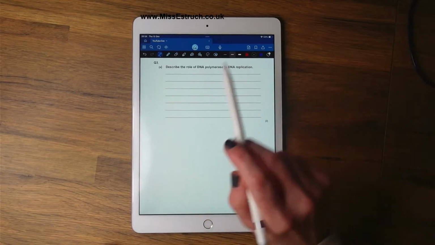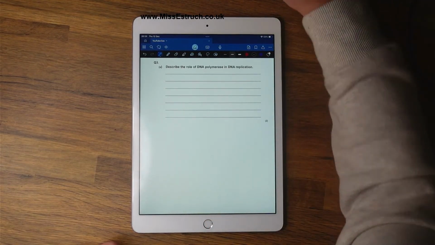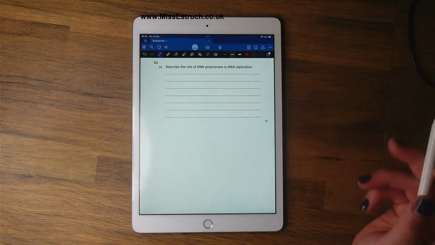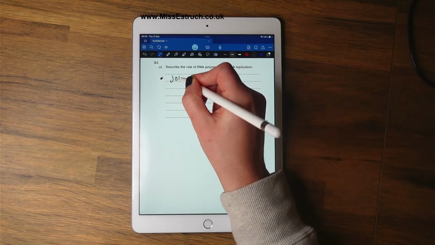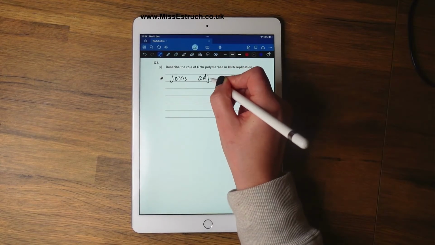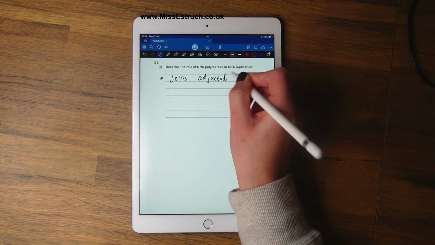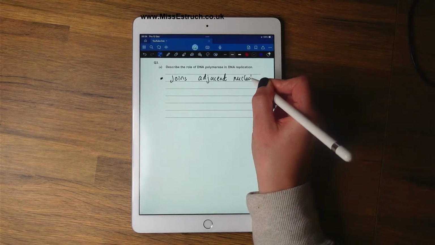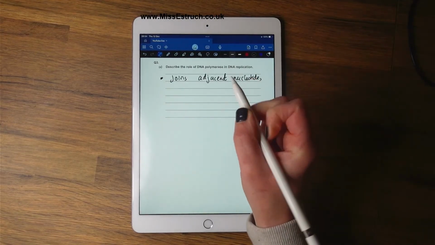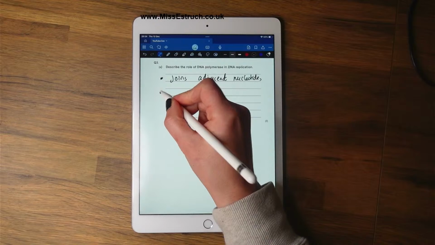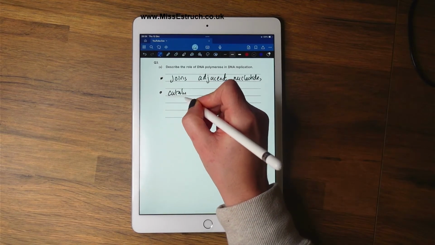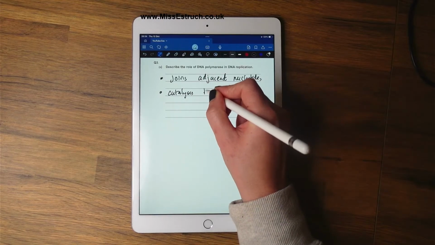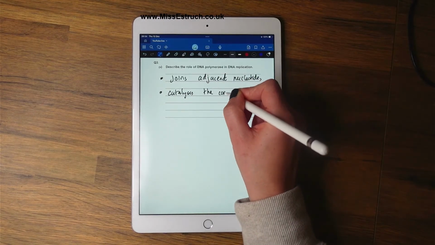So describe the role of DNA polymerase in DNA replication. 2 marks. I'm going to say joins adjacent nucleotides. And I'm going to say it's a condensation reaction. So catalyzes the condensation reaction.